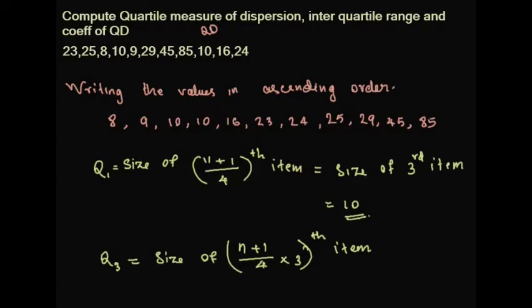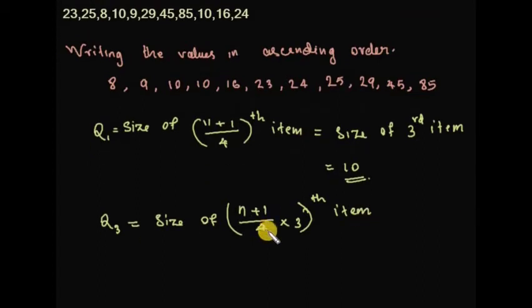So 11 plus 1 by 4 is 3. 3 into 3 is 9, 9th item, which is equal to size of 9th item: 3, 6, 9 is 29.